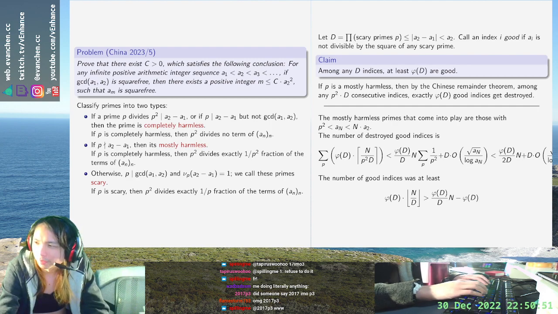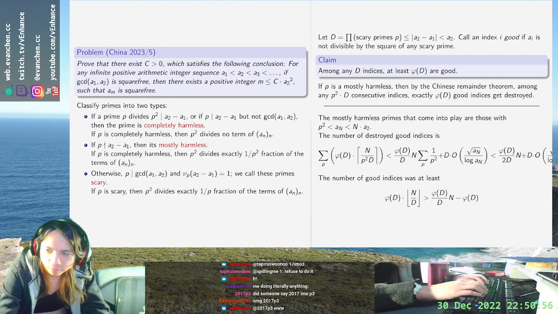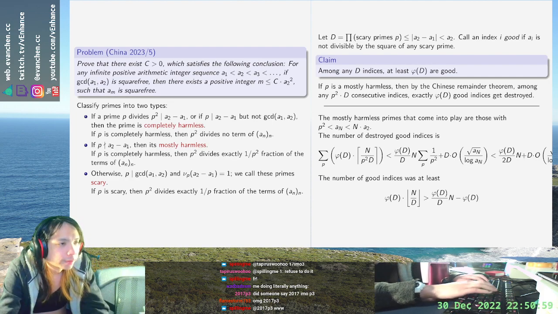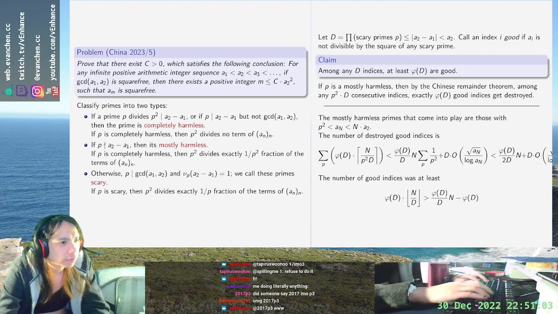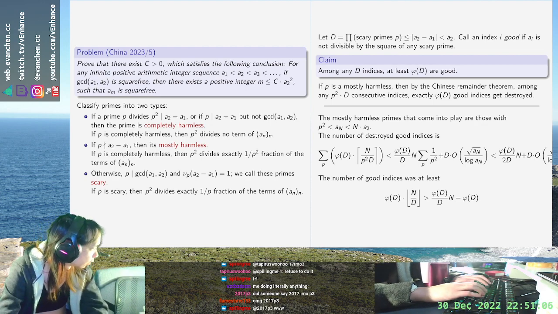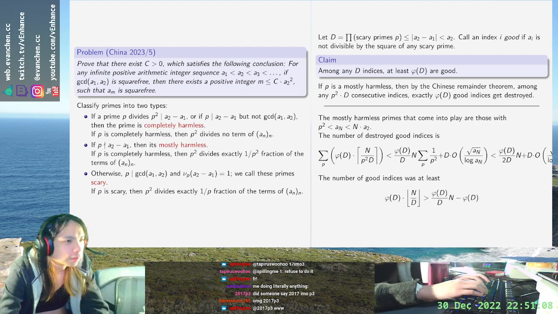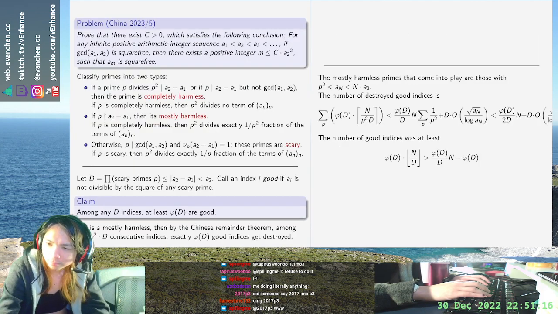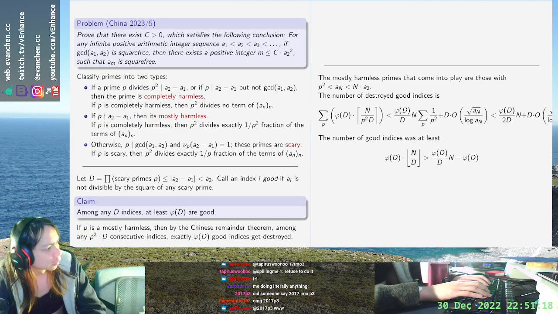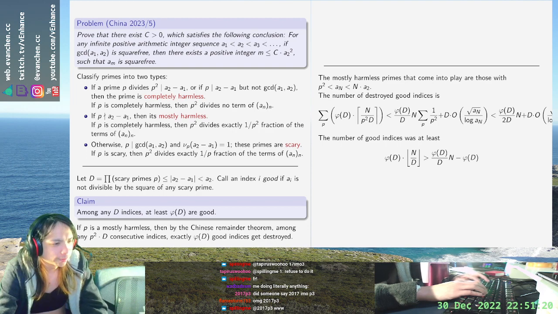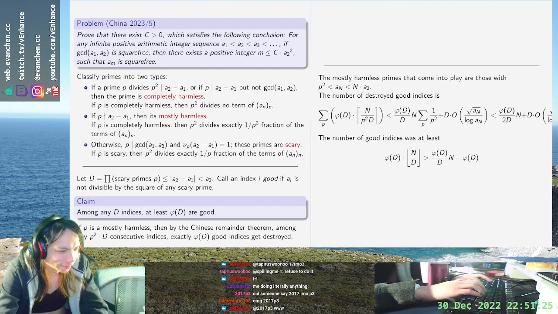What the hell is this error term? Okay, so I'm so sad right now. I was just like, this should be easy. I know exactly what I'm doing.